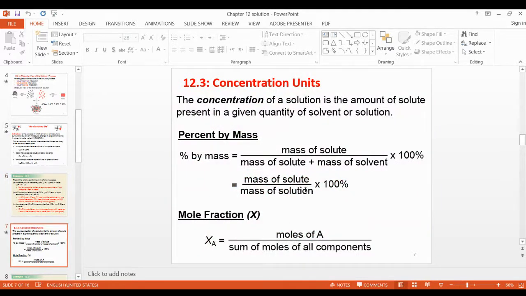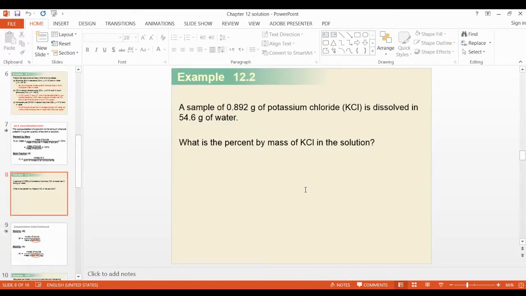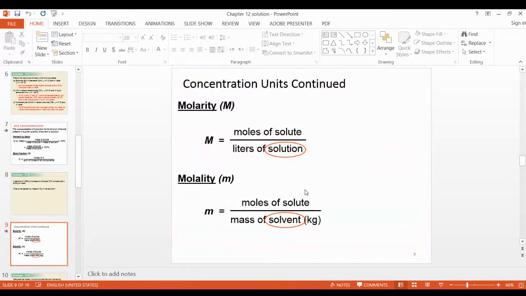Concentration. Okay, how to determine the mole fraction and percentage by mass, this we already explained. Molarity and molality, you should know the formula. Molarity is the moles of the solute divided by liters of the solution. And molality, moles of the solute are the same, but the mass of the solvent, not solution.